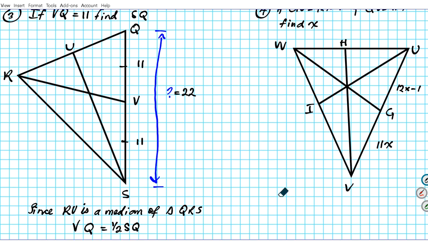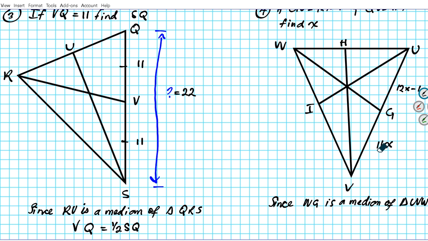All right, so let's see, since GU and GV are under consideration, we're going to be looking at our median WG. Okay, so since WG is a median of triangle what? Triangle UVW.